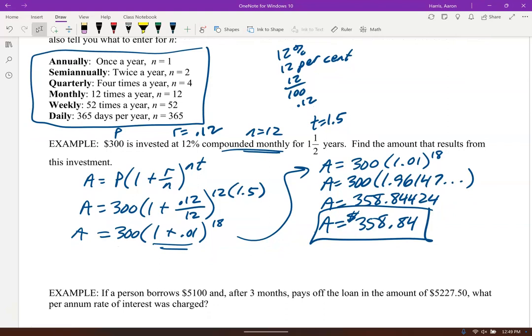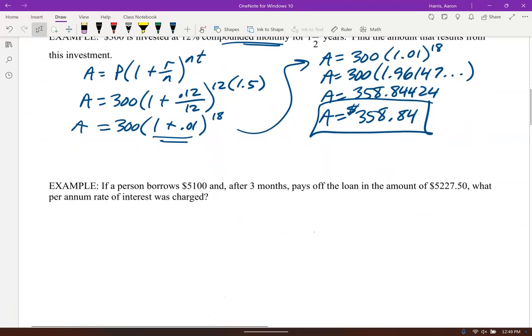Now let's do a completely different scenario. This one has a person borrowing $5,100 initially, and after 3 months pays off the loan of $5,227.50. So the amount that you pay off at the end is principal plus interest.